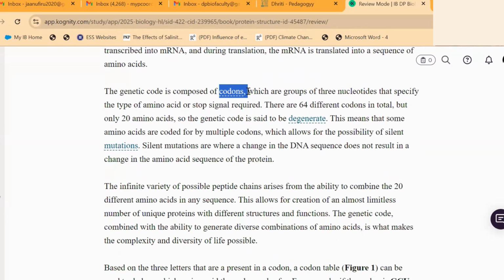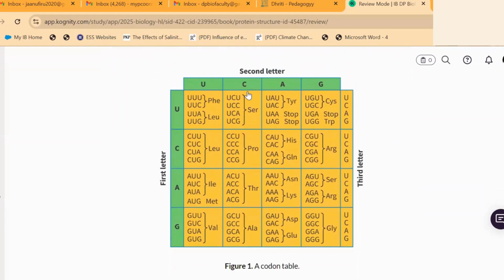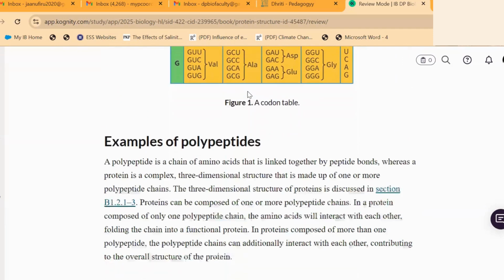Because you have 64 different codons, but there are only 20 amino acids. So certain amino acids have repeated codons, and some amino acids are coded by multiple codons. However, you have mutations, changes happening, leading to diversity. This is a property of the genetic code.